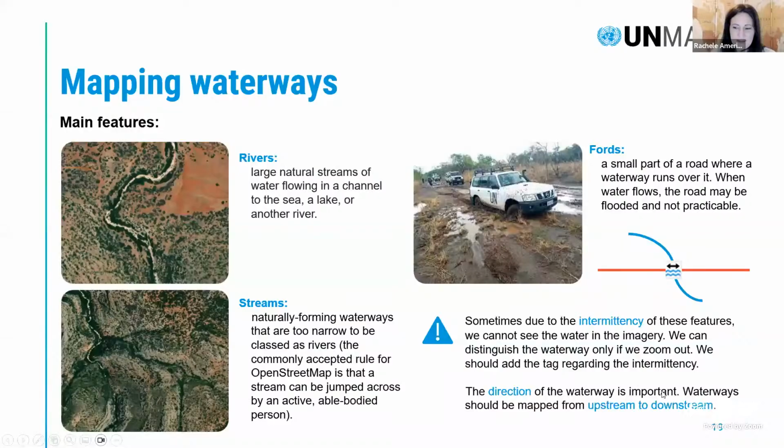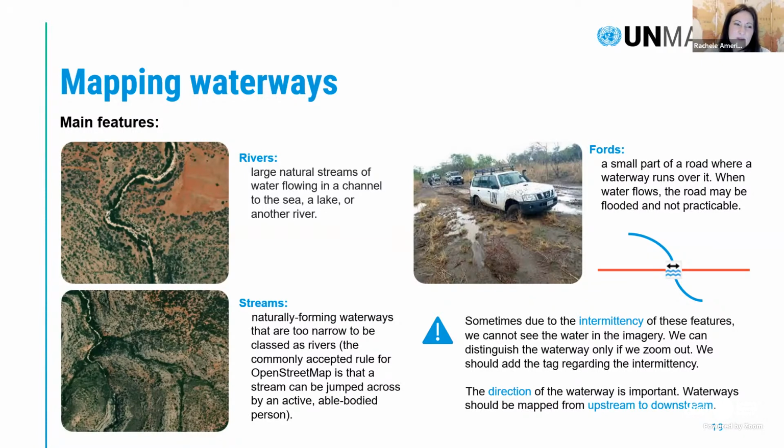The definition that we have from OpenStreetMap, I would say, is not very scientific, because on OpenStreetMap a stream is a waterway that can be jumped across by an active, able-bodied person. And I think from person to person, this varies a lot. But okay, more or less, you should think, okay, I can jump it or I cannot jump it.